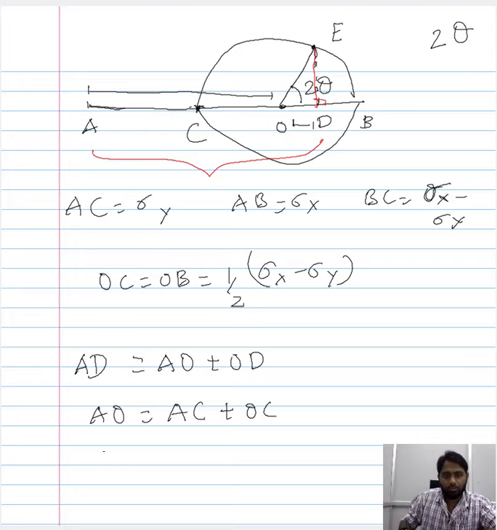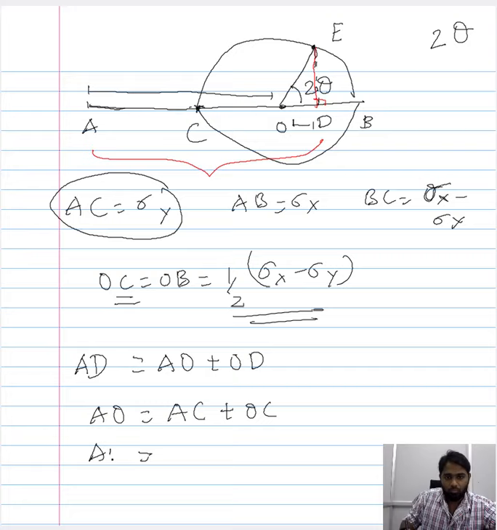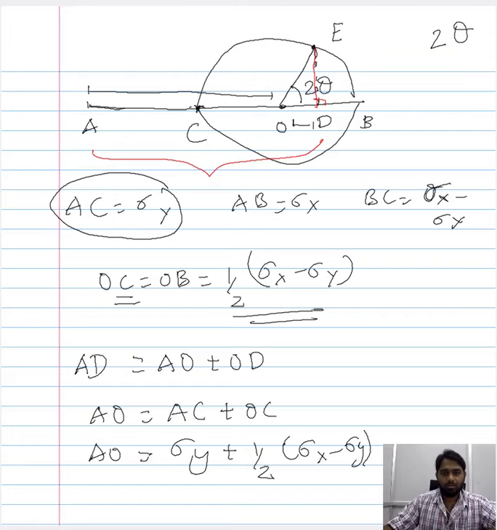Now we already know that AC is nothing but, it is written here, sigma y. So the AC here is nothing but sigma y, and OC is nothing but 1 by 2 of sigma x minus sigma y. So that means AO, if we substitute these two expressions for AC and OC, would be something like this: sigma y plus 1 by 2 of sigma x minus sigma y.